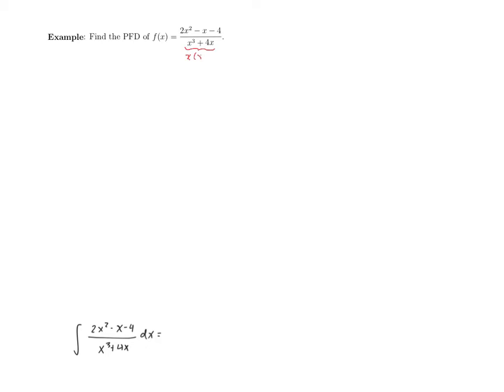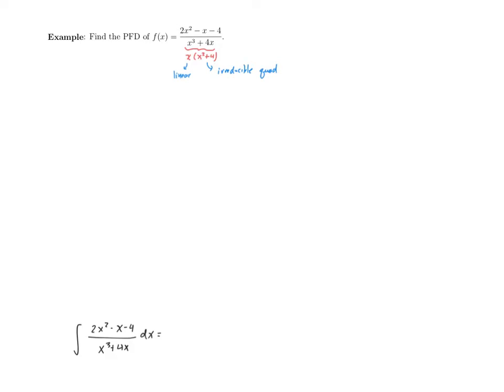It's x times x squared plus 4. We have a linear term and an irreducible quadratic. And remember, an irreducible quadratic is essentially just a fancy term for saying it doesn't factor into smaller linear pieces.